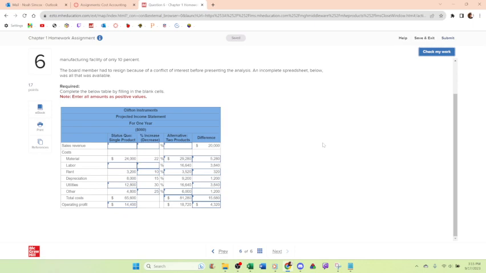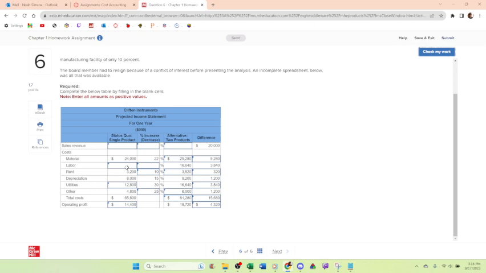$65. We will do minus, and then we'll add up all of the costs that we have. Plus, plus, plus, plus.